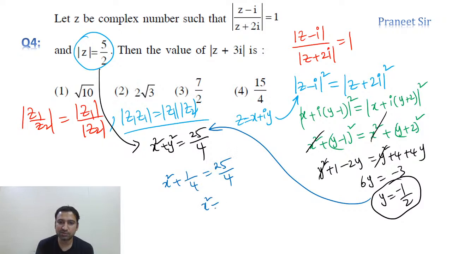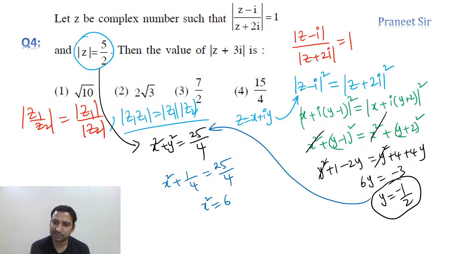So from this, x square is equal to how much do we get? 6 we are getting. Correct now? Y value we calculated and x value also we calculated.